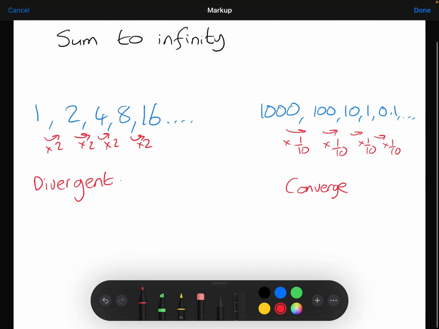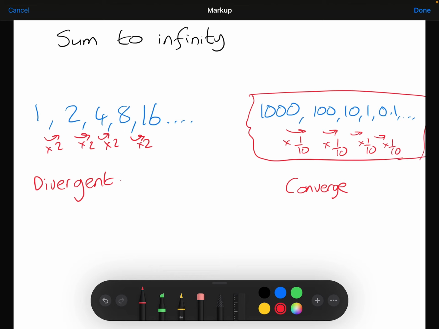And what's that number? What is it eventually going to become? That's what we mean by the sum to infinity. In this sequence here, by the time I've added, let's say, 50 terms, by the time I tried to add the 51st term, it will barely make any difference to the answer whatsoever because that number would be so small.